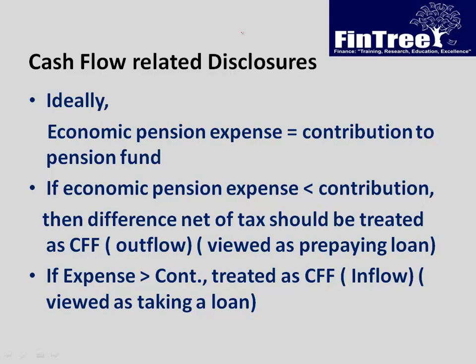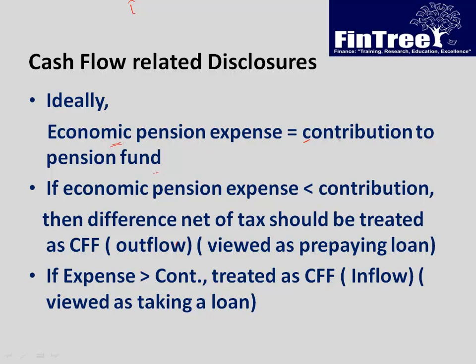Okay, now this is something which is important from exam perspective. You can assume that you would find at least one question from here, because your curriculum is full of questions from this particular topic. Ideally, your economic pension expense is what you should contribute to the pension fund, which is logical. So not the accounting expense, but the economic expense is the amount you should contribute to your pension fund so that the asset grows automatically.